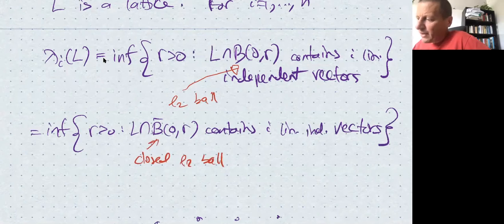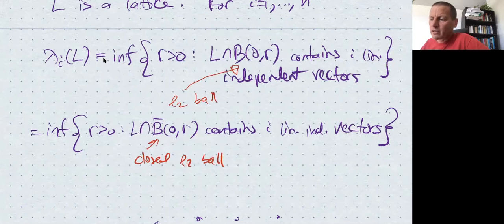And the advantage of working with closed balls is that in a closed ball, this set is always finite. Well, it's also always finite in this situation. But if you're working with closed balls and you do something analogous to the proof that I just gave in response to the question, you'll see that this infimum is actually a minimum.